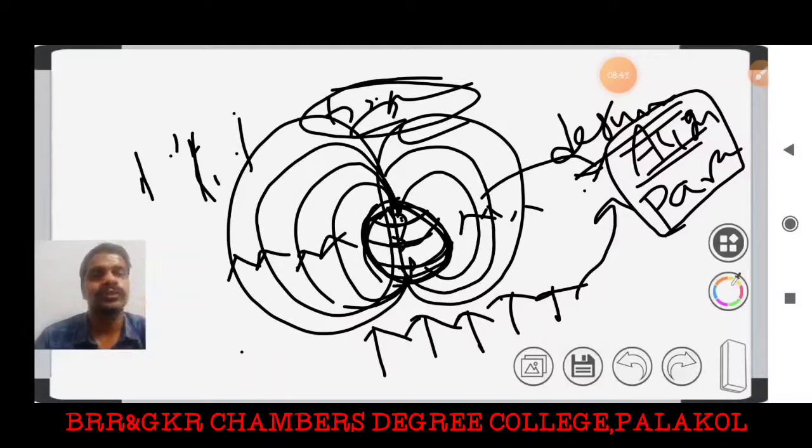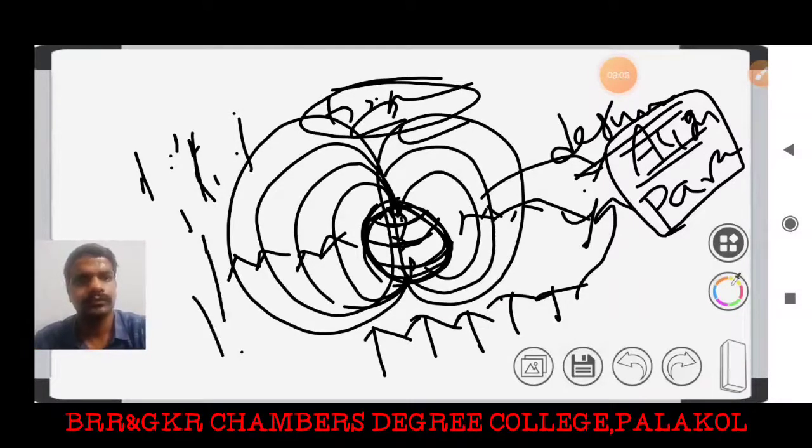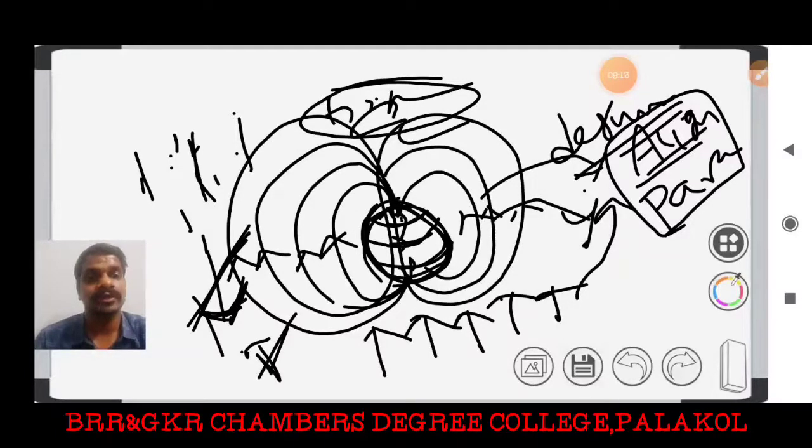If the created secondary magnetic field interacts with the external magnetic field in an opposite manner, so that at that particular nucleus both interact in opposite direction, then it is called the shielding effect, and it is diamagnetic in nature.